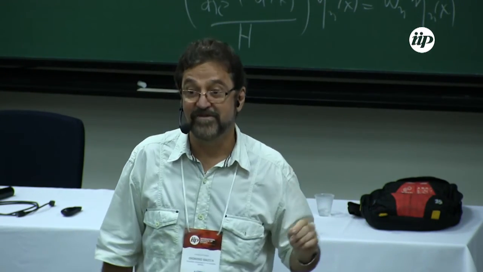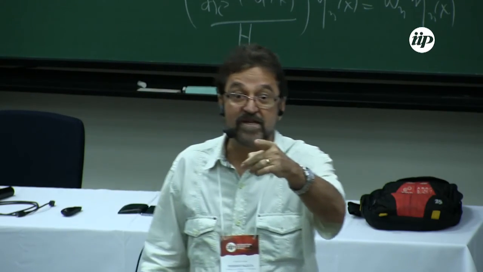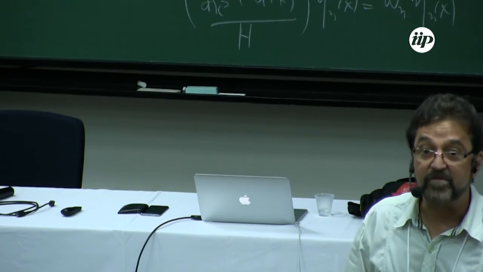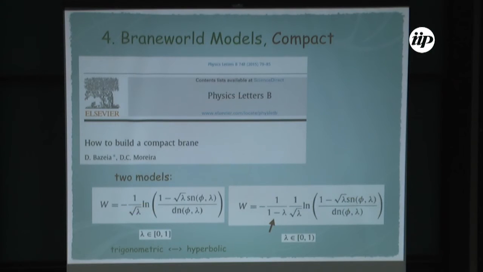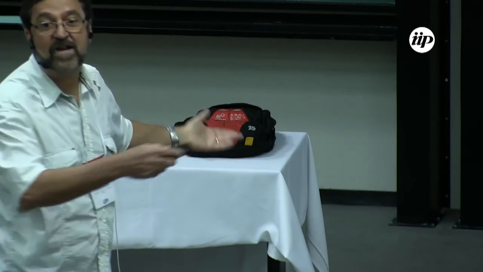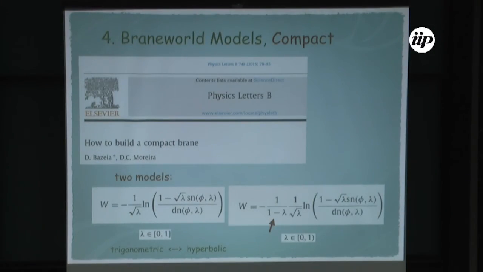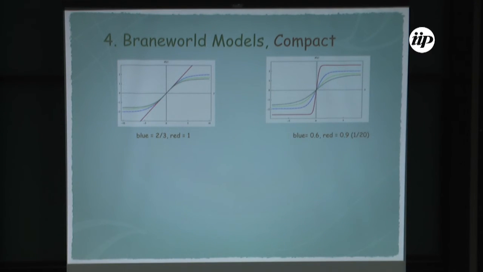So we used it. We started with the sine-Gordon model, right? You take the sine-Gordon model and deform it using this parameter, okay? And we got this scenario. And this is the kink. I'm plotting here the kink-like solution for the first model.